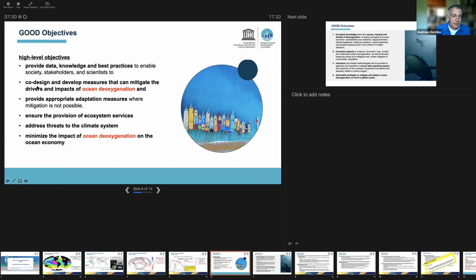The second objective is the co-design and development of measures that can mitigate drivers and impacts, or if this is not possible, provide appropriate adaptation measures for coastal communities, ecosystems that could be maybe managed in a way to protect them better against deoxygenation, but also coastal economies that may, in many cases in developing countries, particularly depend on seafood and the availability of oxygen in the water.